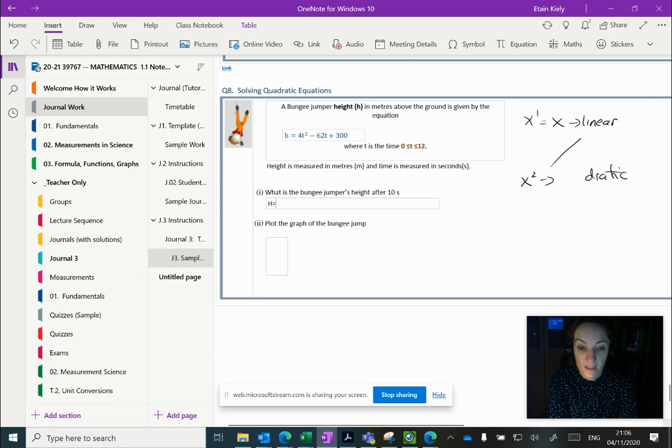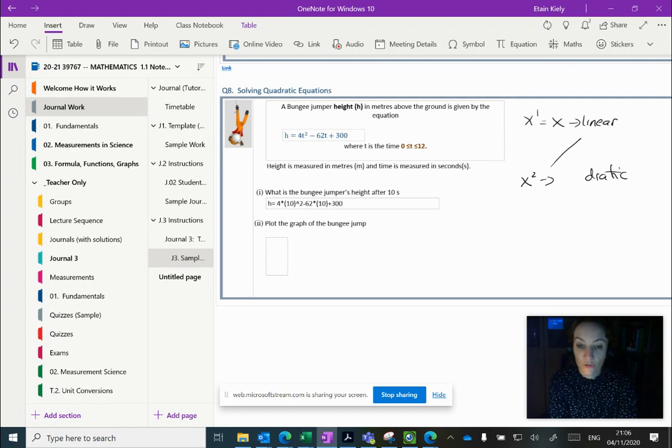So H is equal to, and sometimes when you type it, it does that, you have to go back and undo that. So we have 4 star, and the 10 is 10 seconds to the power of 2 because it's squared, minus 62 star brackets 10, and then plus 300.